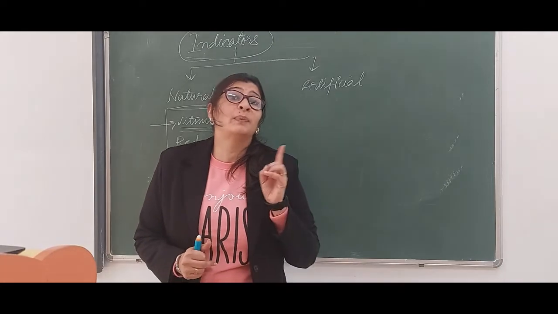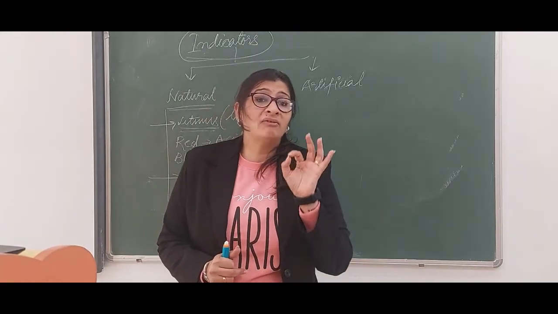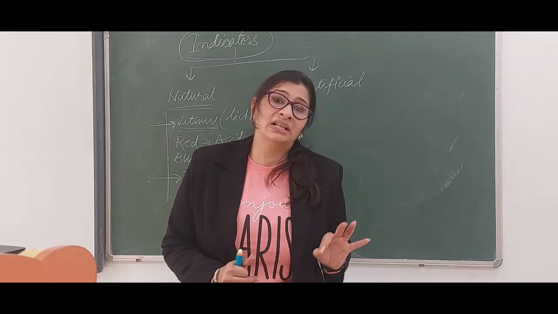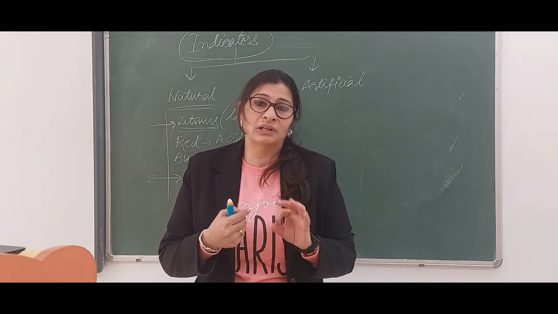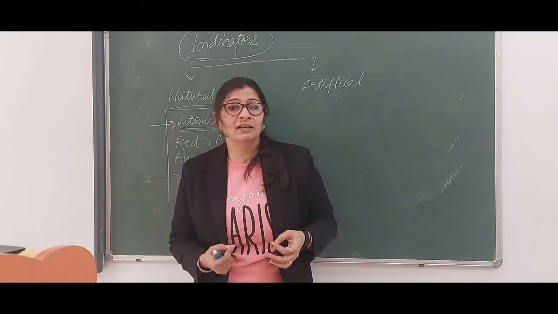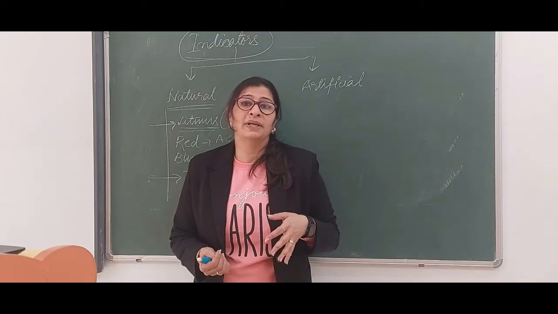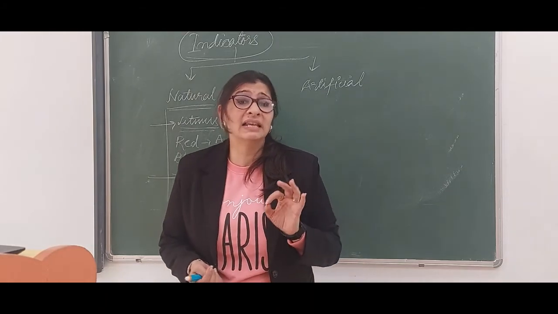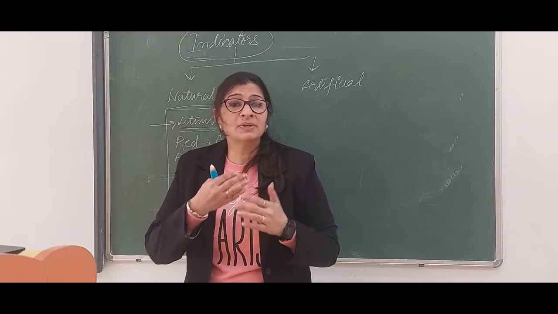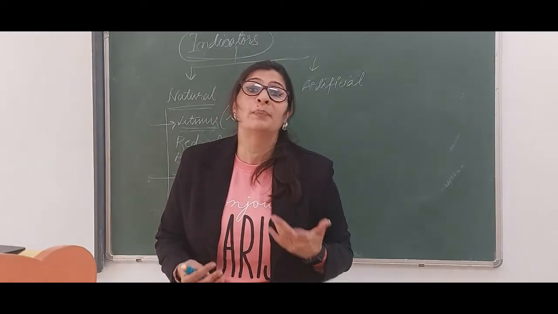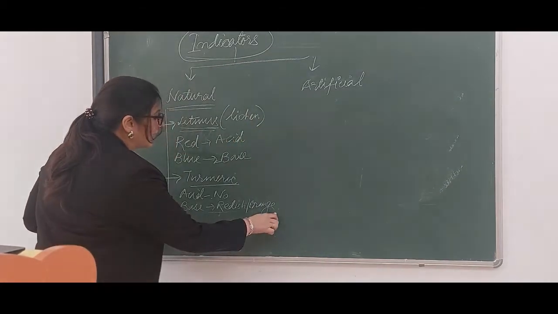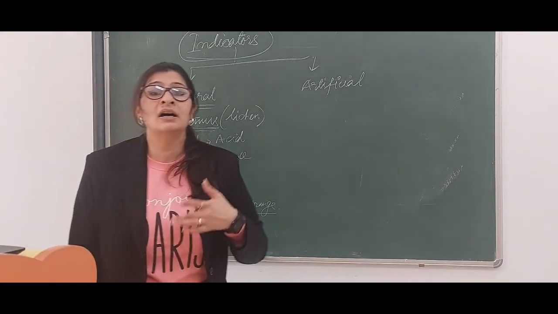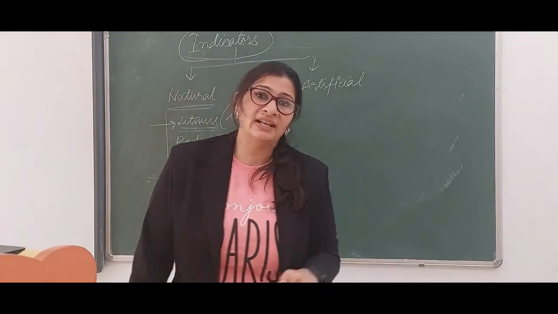Because detergent is base and you have turmeric in your curry. सब्जी का जो दाग लग गया है, वेजिटेबल का जो स्टेन लग गया है आपकी शर्ट पे, आपके कपड़ों पे, वो है हल्दी, turmeric. So when it comes in contact with detergent, which is a base, it gives you reddish orange color. So it is an indicator. It is a natural indicator.